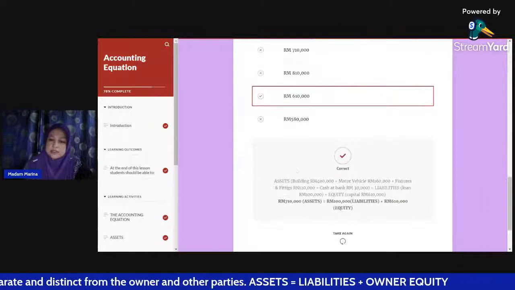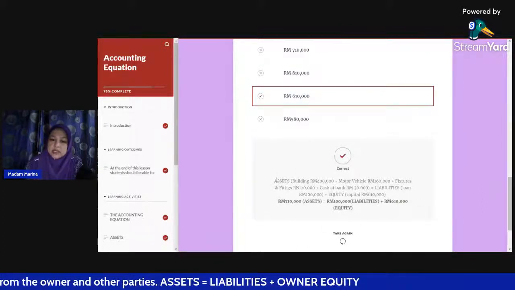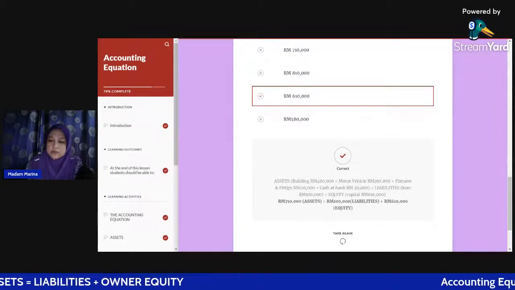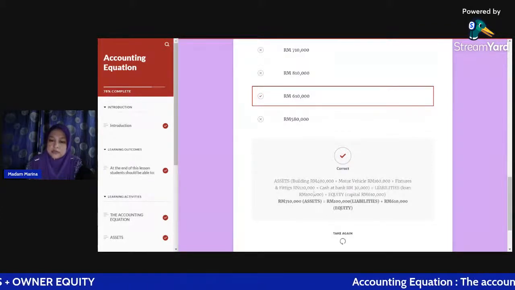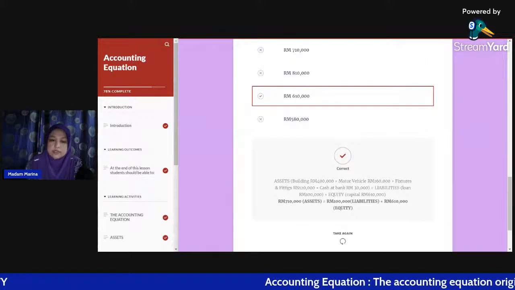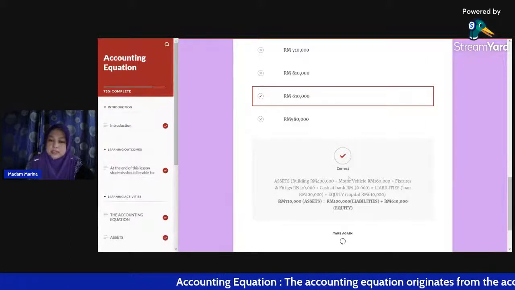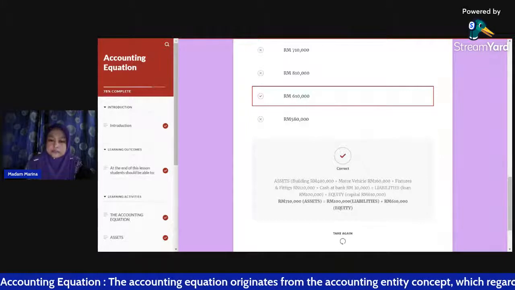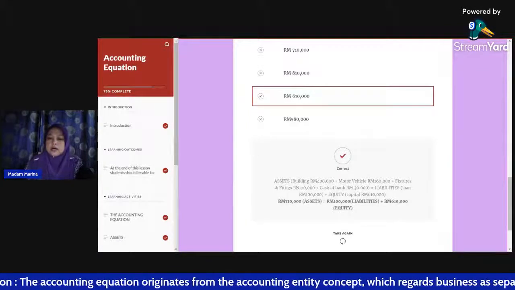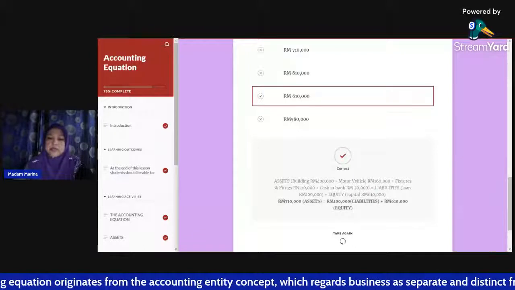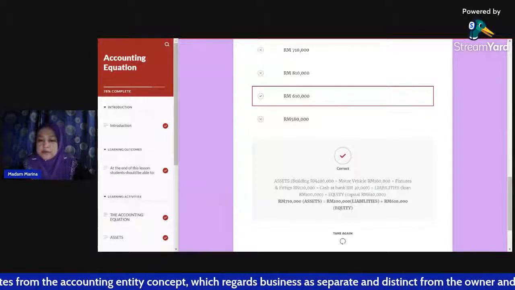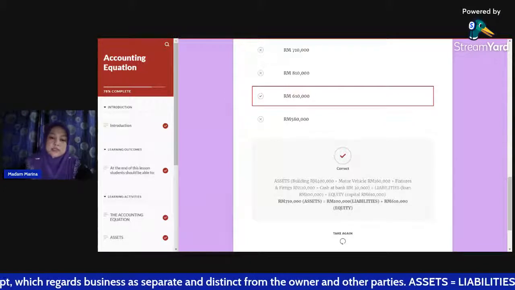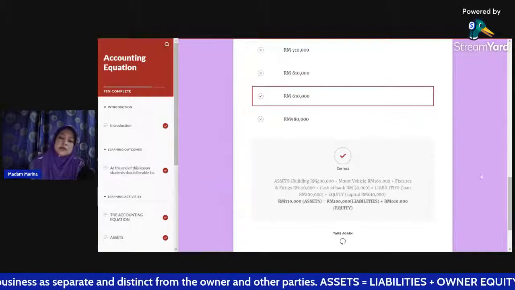This is the working of that answer. Asset: building 400,000, motor vehicle 160,000, fixtures and fittings 120,000, plus cash at bank. All is asset, minus liability only 100,000. So that equals equity. Equity we have 610,000.